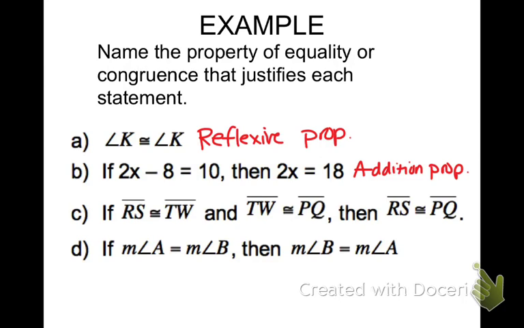C, RS is congruent to TW, TW is congruent to PQ, so then RS is congruent to PQ. Transitive, good. Transitive property. And then D, if the measure of angle A equals the measure of angle B, then the measure of angle B equals the measure of angle A would be, well, reflexive has to be exactly the same thing.